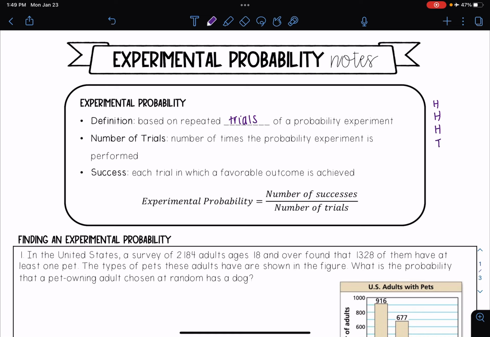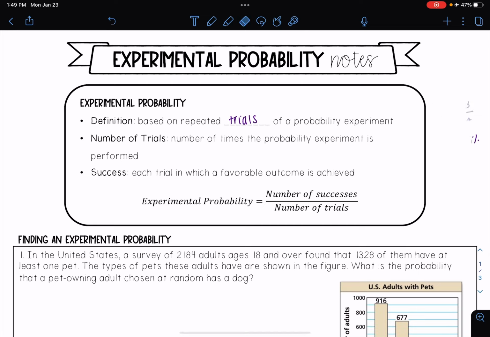Here, my experimental probability is my number of successes, which is 3, over my number of trials, which is 4. So this would be a 75% chance, where the theoretical probability told you that you had a 50% chance. So we can end up with a discrepancy there, between looking logically at what your probability is and actually doing an experiment and finding that percentage.